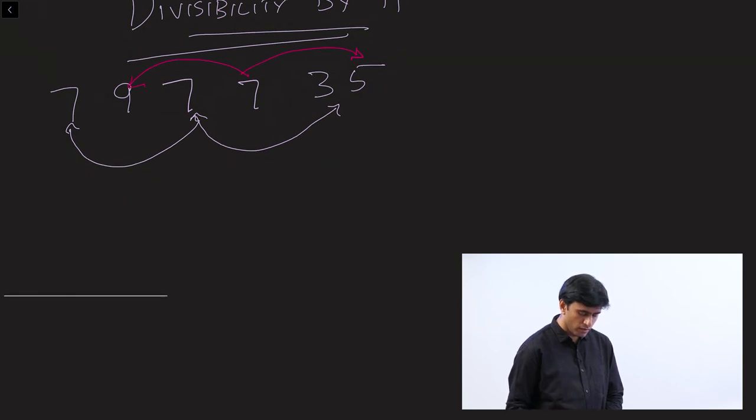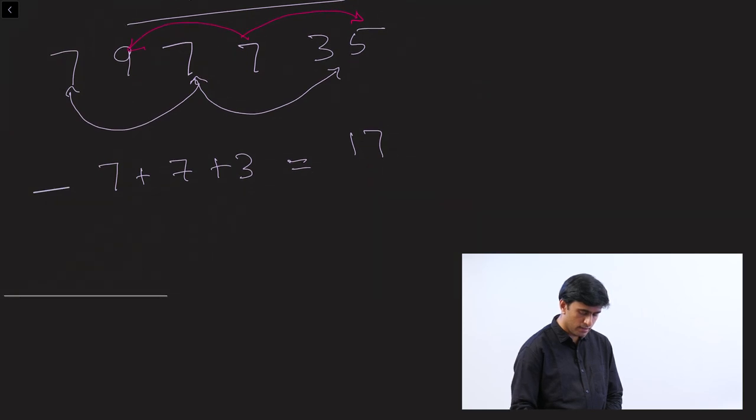So the alternate digits are 7 plus 7 plus 3, that is 17. And the other digits are 9 plus 7 plus 5, 21.